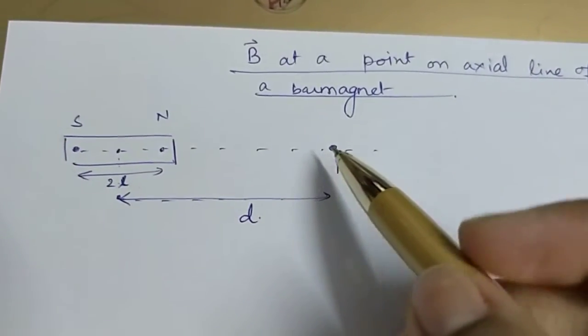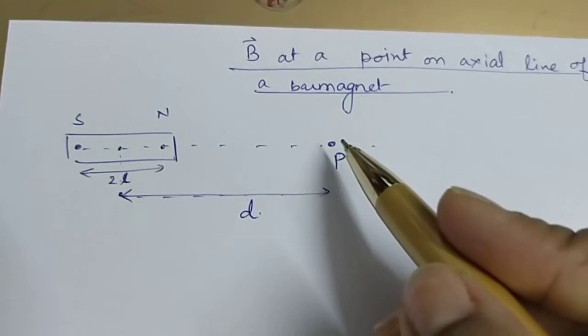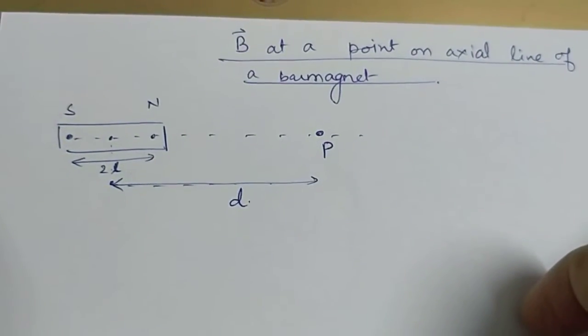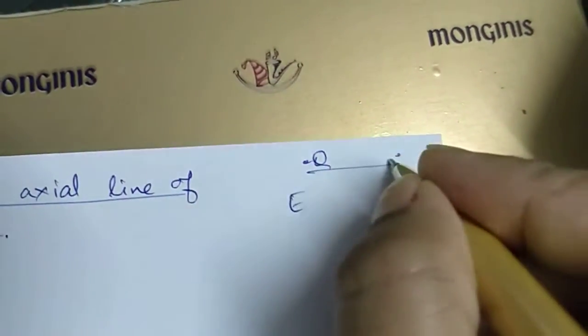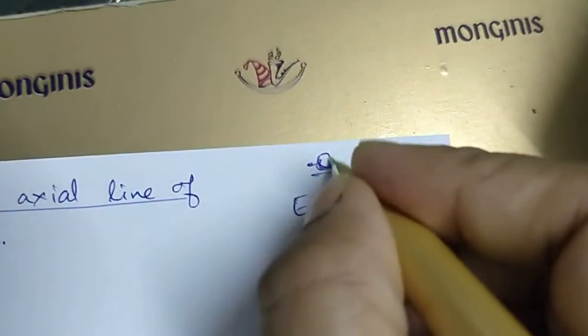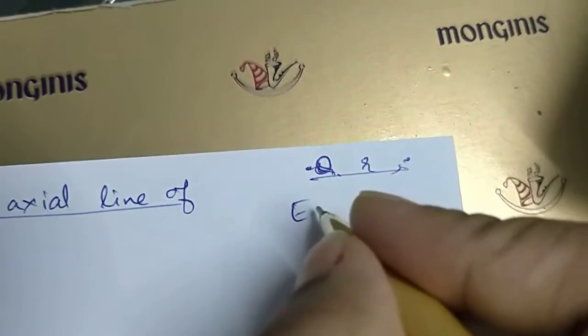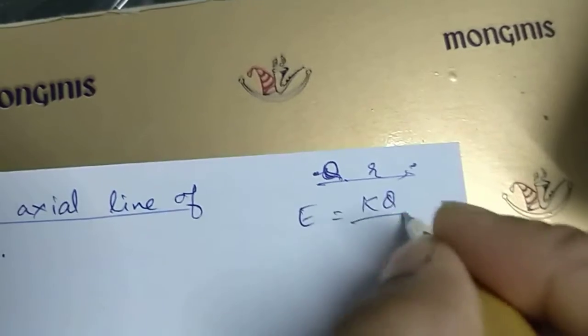You remember in electrostatics, the formula which we did. In the electric field, if you have a charged particle q at distance r, the electric field formula was k q by r square.